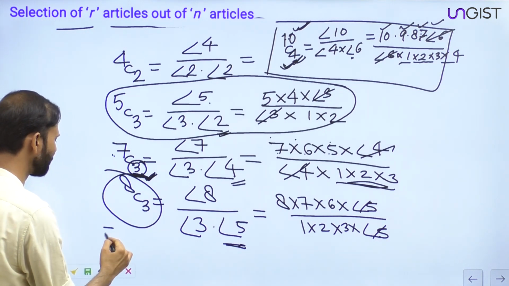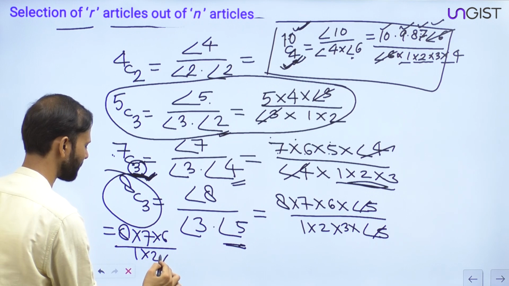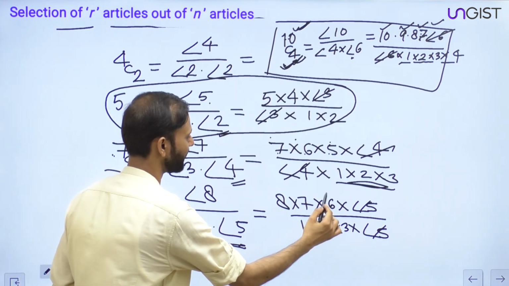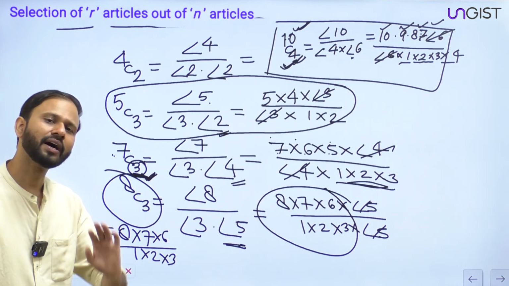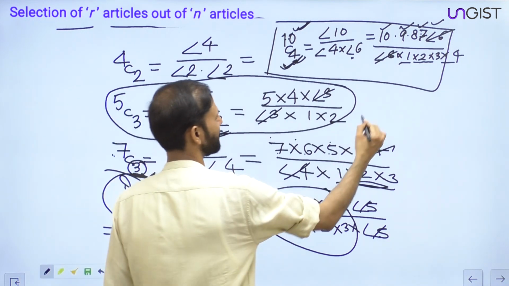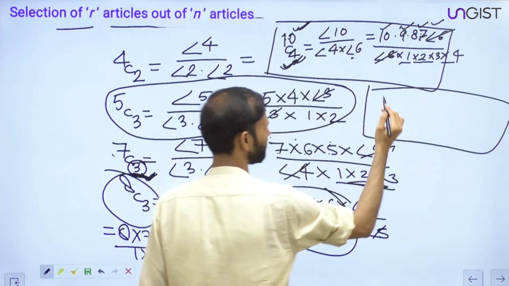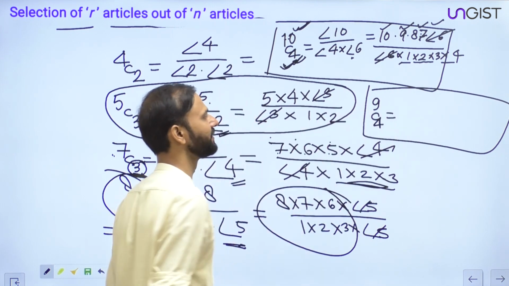Right, so it has to be what? 8 into 7 into 6 divided by 1, 2, 3. Right, everybody? Clear? Again, I'm coming to the similar question. Everyone, please tell me the answer. If it is written 9C4, what should I write?